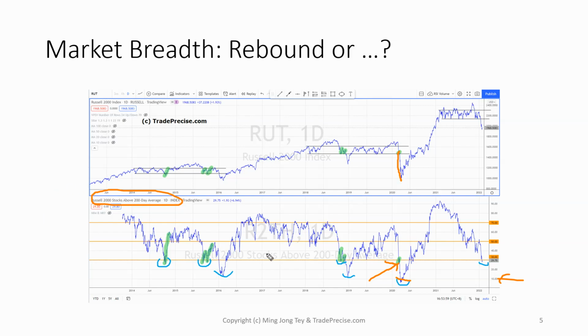That's the kind of sentiment you can expect when you reach this kind of deeply oversold, or capitulation type of market breadth. So this is kind of like oversold, but this is really the capitulation market breadth. Whenever it hits this, it really signals the market bottom.